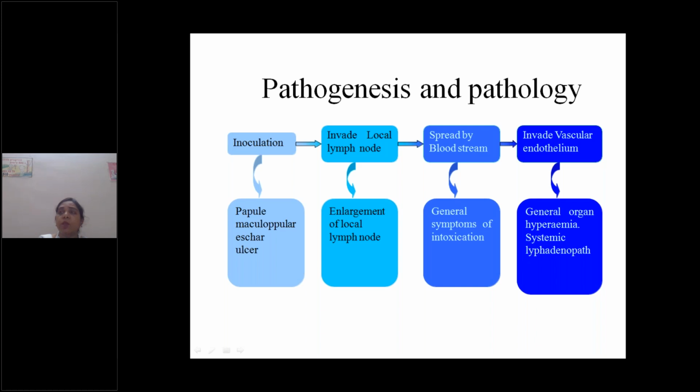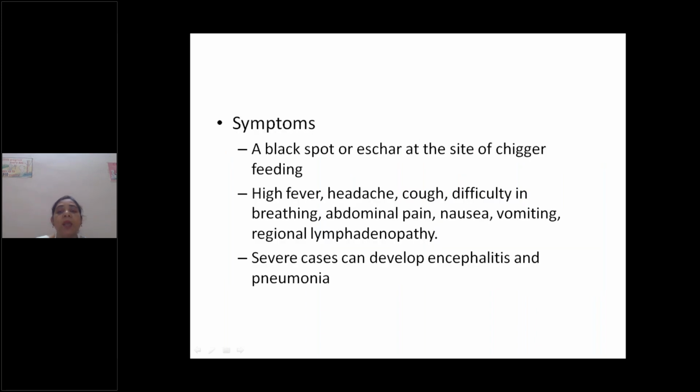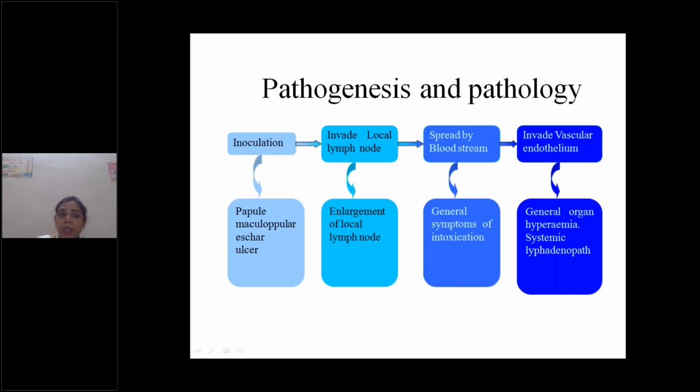Pathogenesis and pathology. What will happen when a chigger larva infested with Orientia tsutsugamushi bites you? At the site of inoculation, there will be a black spot or an eschar. Okay, later, the bacteria which is present in mite feces. What is the name of the bacteria? Orientia tsutsugamushi.